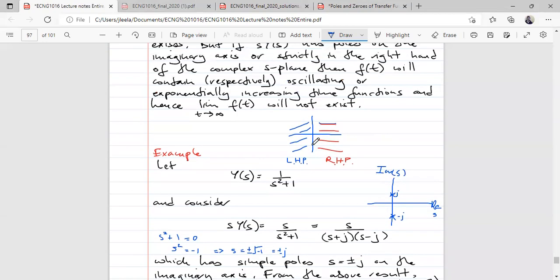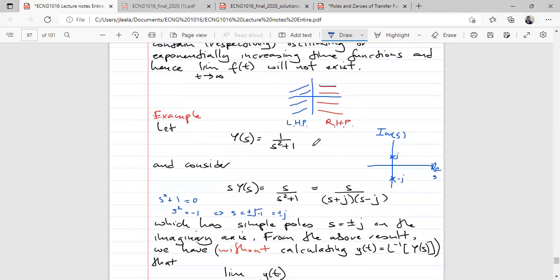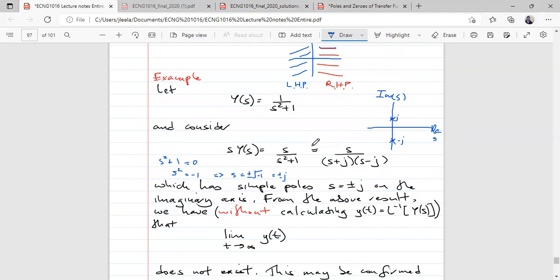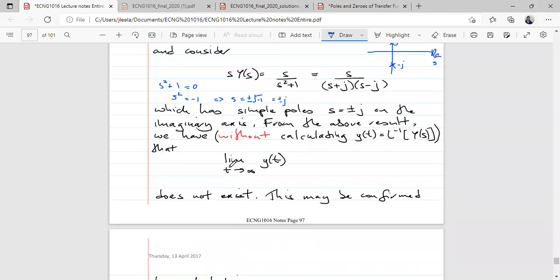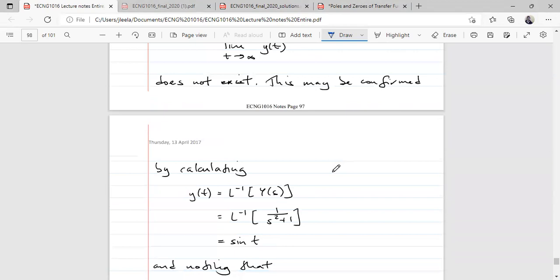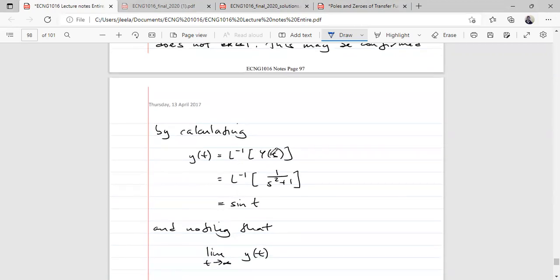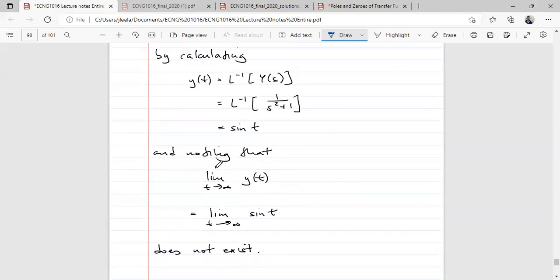Based on the theory, once the poles lie on the imaginary axis, the limit wouldn't exist. So here, the limit as t approaches infinity of y(t) does not exist. This can be confirmed by recalculating y(t). Taking the inverse Laplace transform of Y(s), which is 1 over s squared plus 1, we know this is sine t.